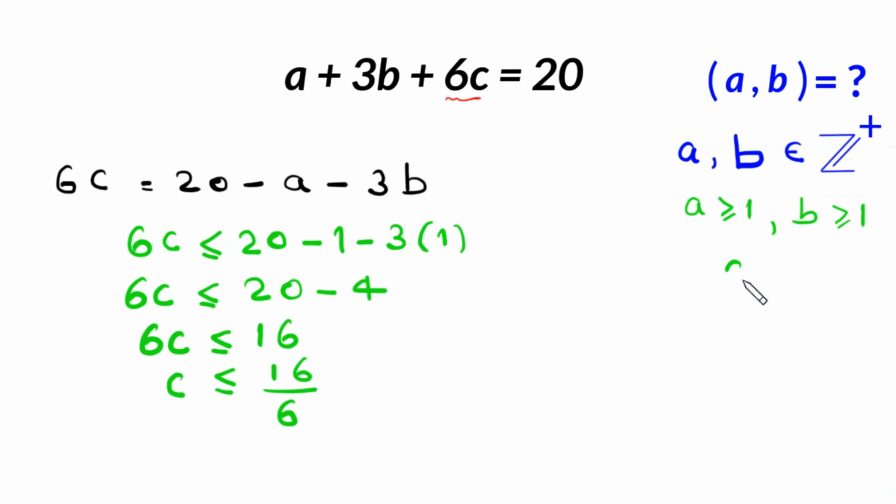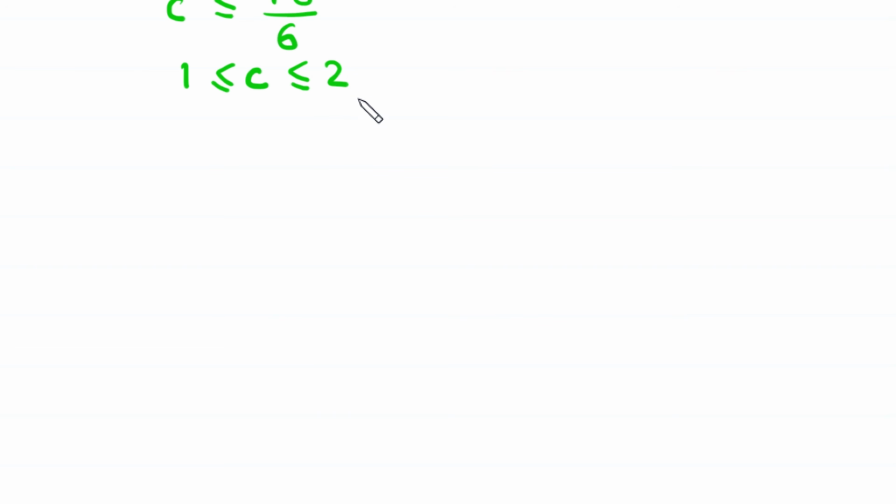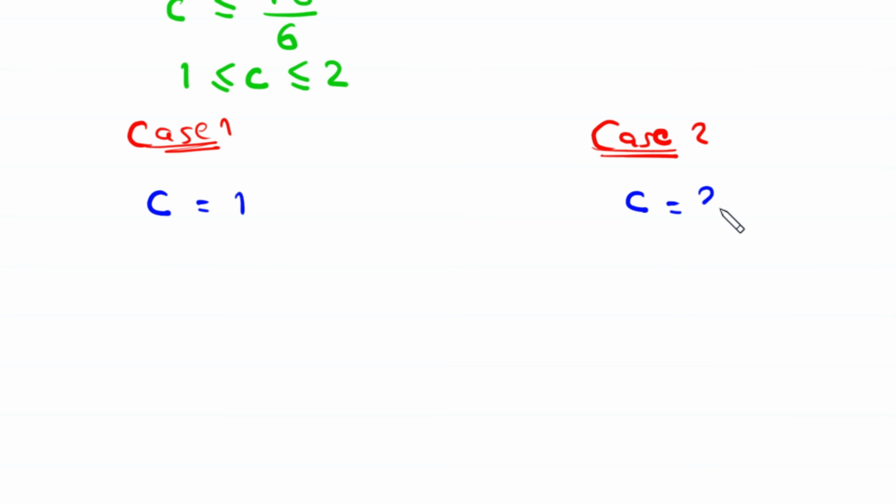Since c is also greater than or equal to 1, the integer value we get is 2, and c must be greater than or equal to 1. It means that we have two cases for c. In case number 1, c is equal to 1, and in case number 2, c is equal to 2.